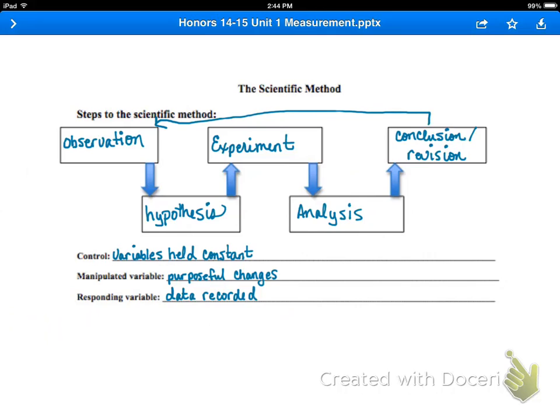And then the responding variable is the data that we record, the things that we're measuring as a result of whatever we change in the manipulated variable. And the responding variable is often called the dependent variable, okay? Because its result depends on the independent variable.